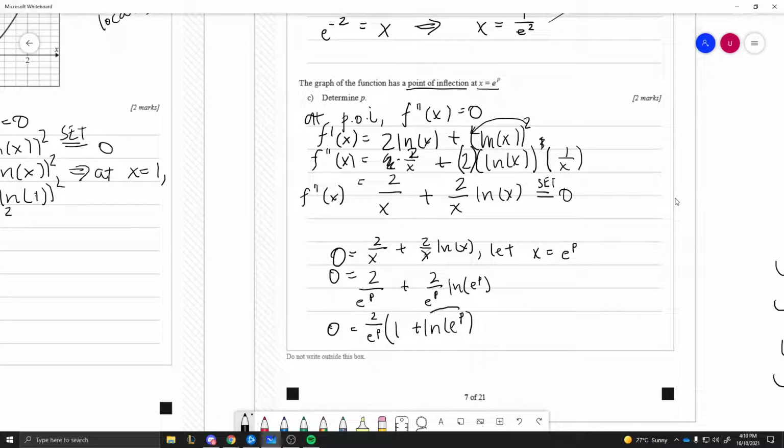With your log laws, you can put the p to the front. So 0 equals 2 over e to the p, then 1 plus p ln of e. Once you take p out to the front, you can cancel ln of e because it equals 1. So 1 plus p.